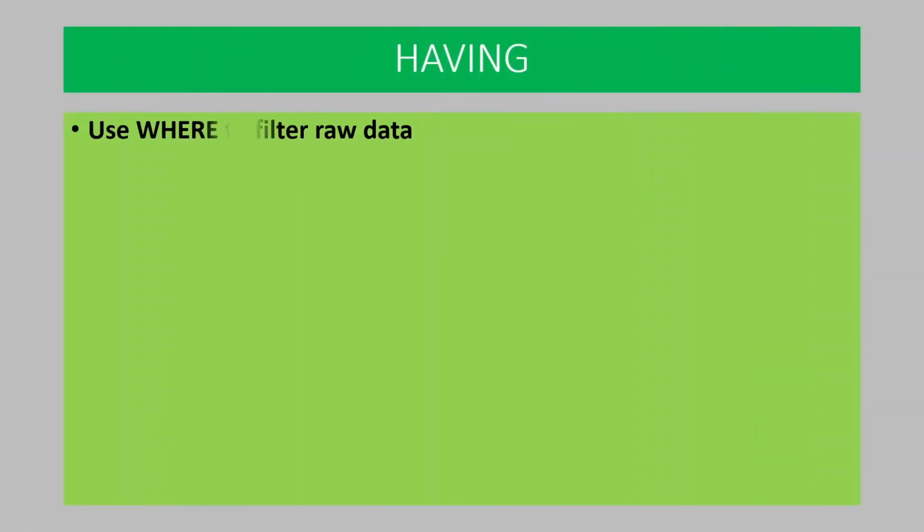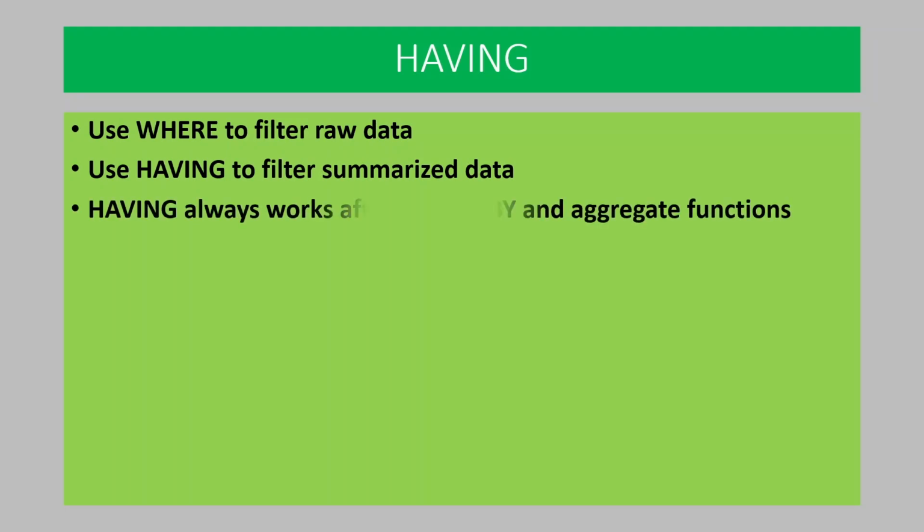Okay, so this is the difference between them. Next, to summarize what we have learned, use where to filter raw data and use having to filter the summarized data. Okay, and having always works after group by and aggregate functions.